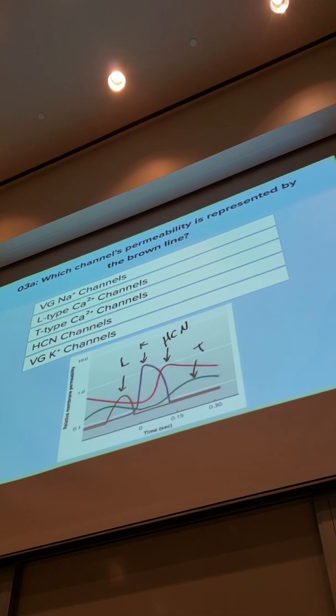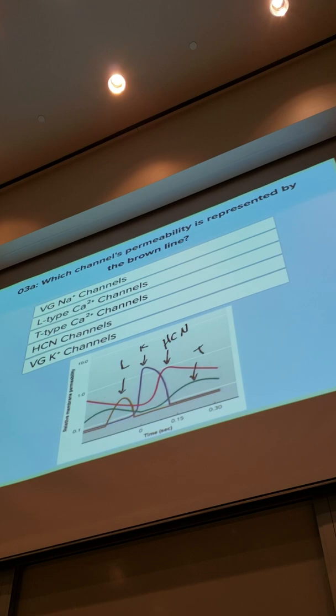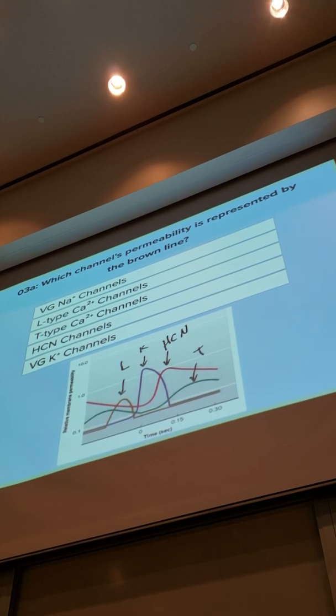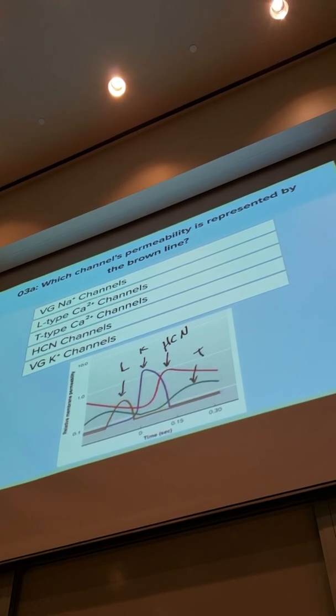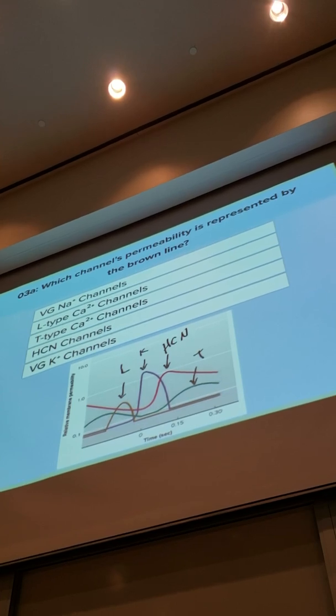Okay. But can you walk yourself through how permeability changes lead to what we're talking about? Yeah. But principally, I can ask you a question about the effects of the HCN channel: which channel is affected by the opening of the HCN channel?